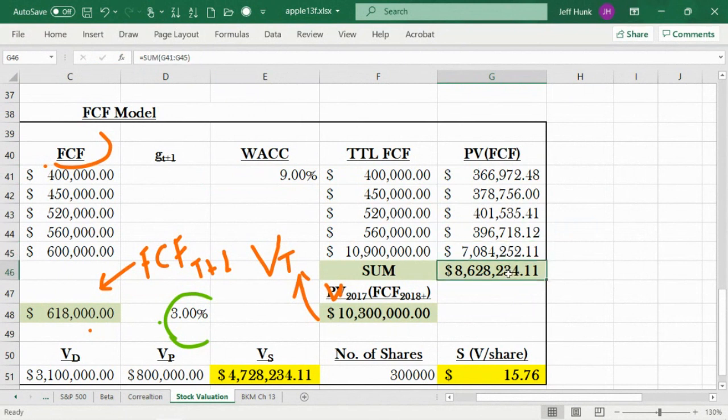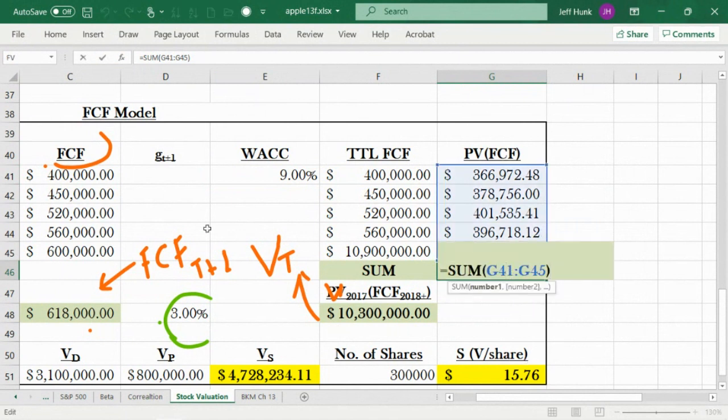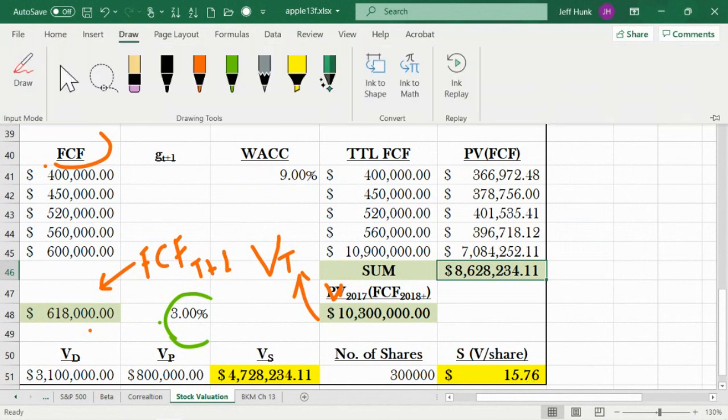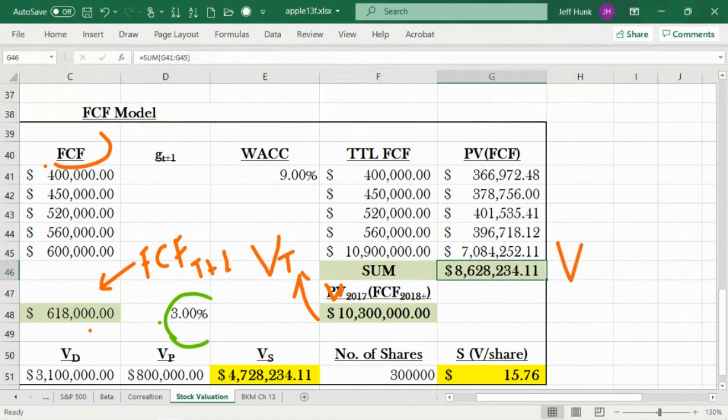And finally, you just sum everything. Then this is the result, and this is the value of the company at time 0.